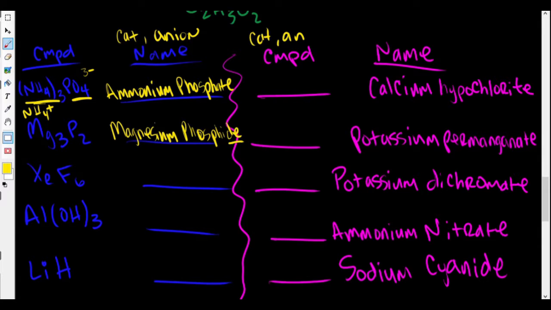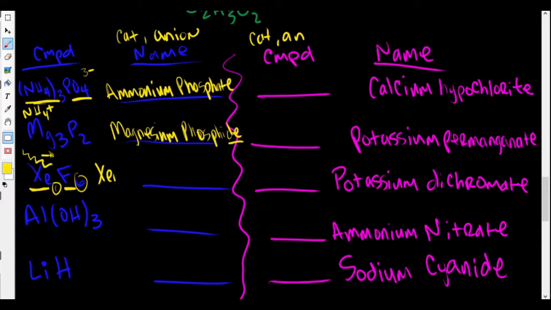Alright, so on the next one, we have xenon and fluorine. If we follow that ladder, both of those elements are to the right. So this is going to be a molecular compound. We have no number for xenon, but we have a 6 for fluorine. By no number, I mean basically 1.